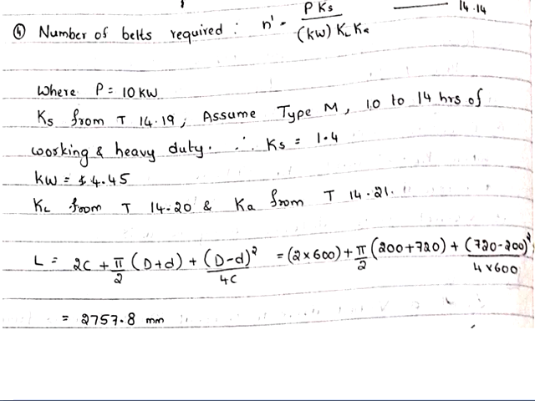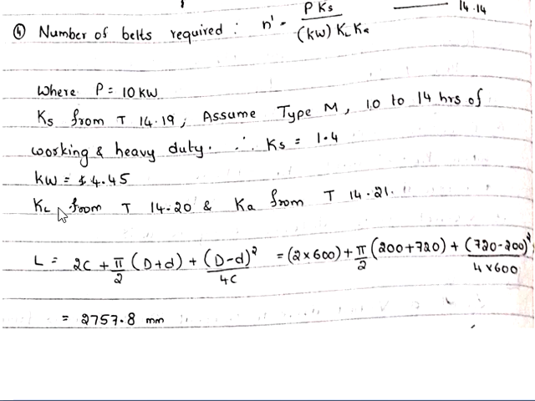You will get, for heavy duty from the third row, a Ks value of 1.4. After that, I need the KL value. The KL value is from table number 14.20 and the Ka value from table 14.21.